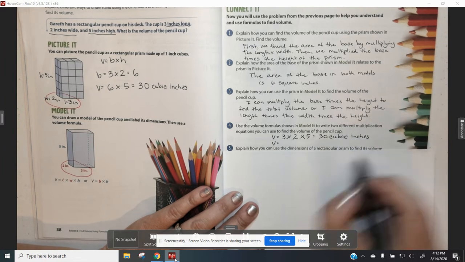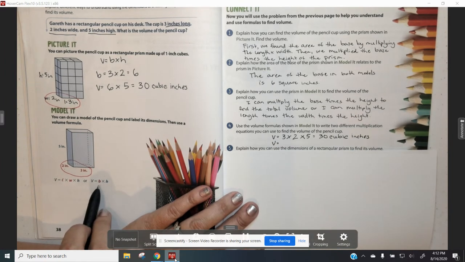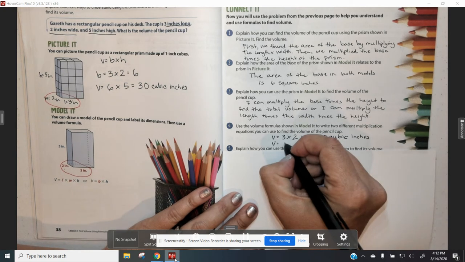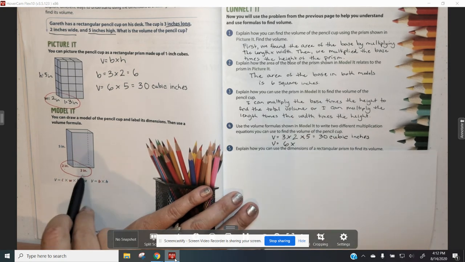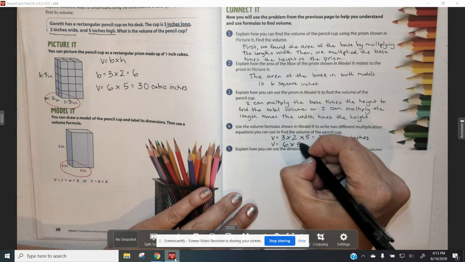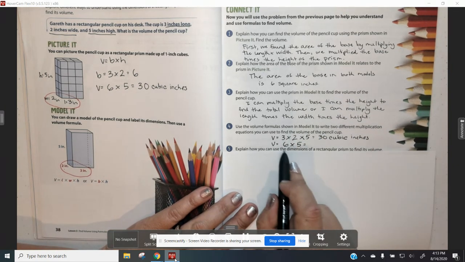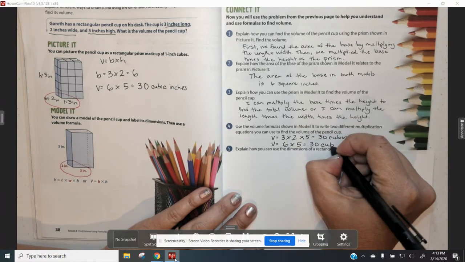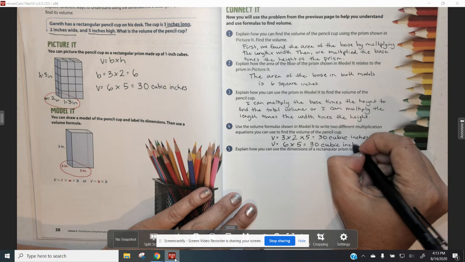inches. Now let's try the method of base times height. We know that the base is the length times the width. So 3 times 2 equals 6. And then we're going to multiply that times the height, which is 5. So the volume equals 6 times 5, which equals 30 cubic inches.